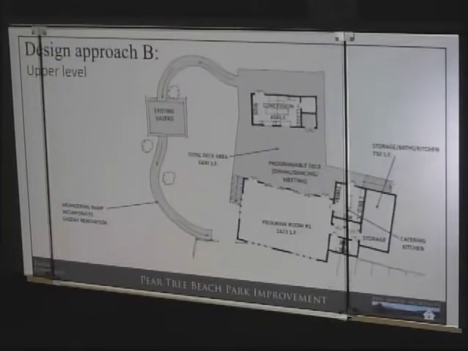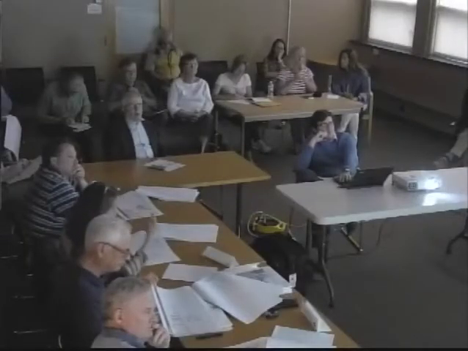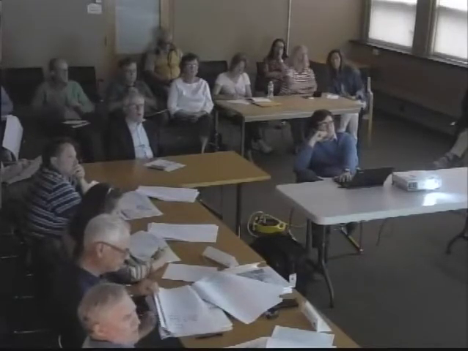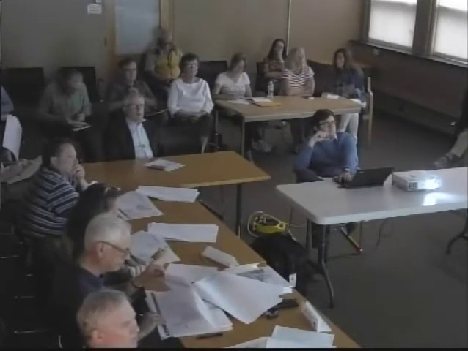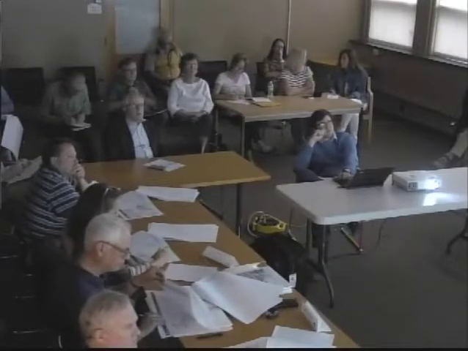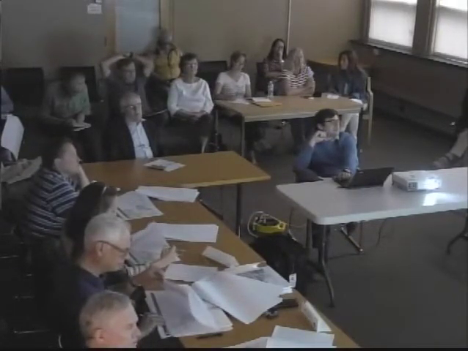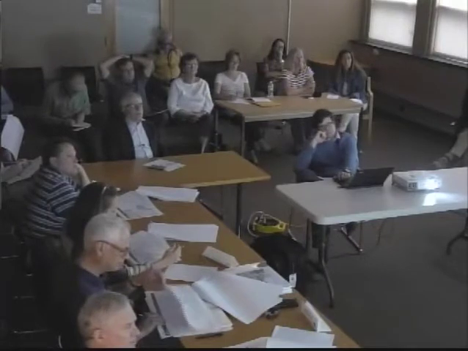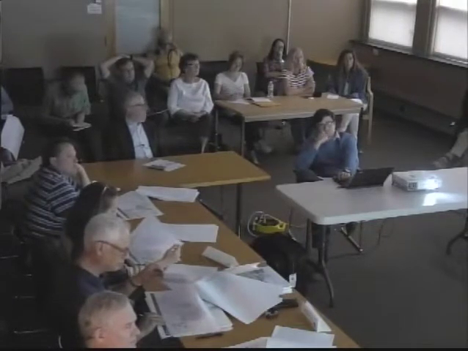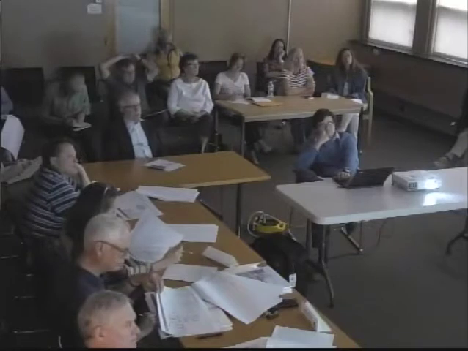How big is that storage area? Do you have any idea? Oh, it's 730 square feet, sorry. On the second floor, that's upstairs. That's inclusive of the catering kitchen and bathrooms as well. Then I'd say it's about half that, maybe 350 or 360 square feet.